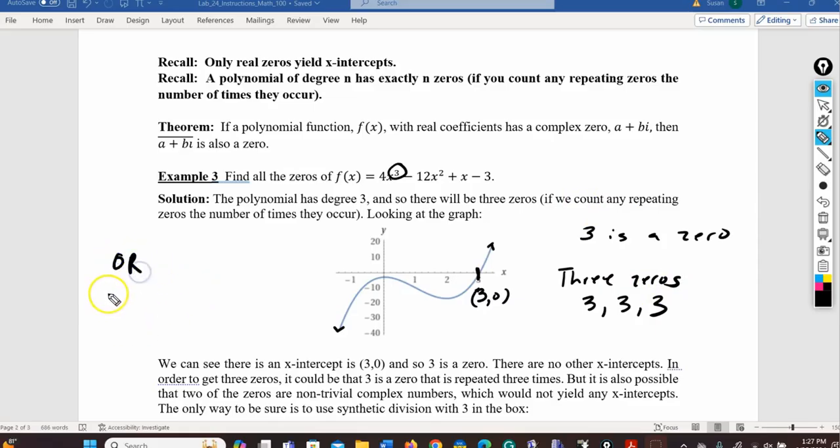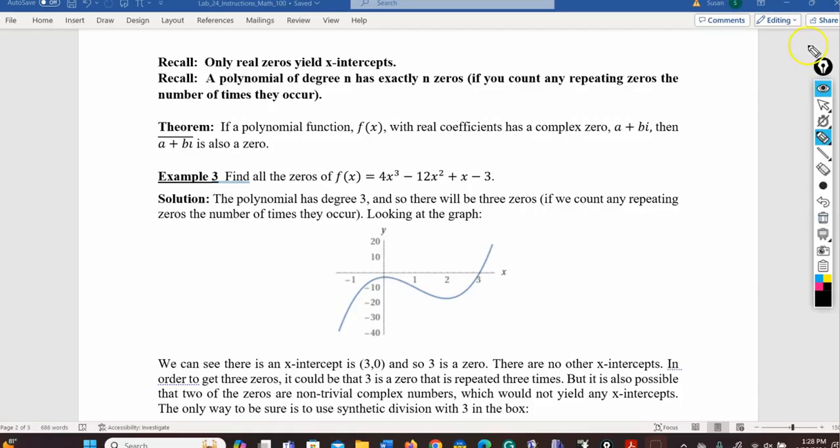Or we could have 3 as a zero, and then our other 2 zeros are non-trivial complex numbers, in which case they won't give x-intercepts, and they come in conjugate pairs. Now, how do we know which one is which? Well, we're going to need to use synthetic division.